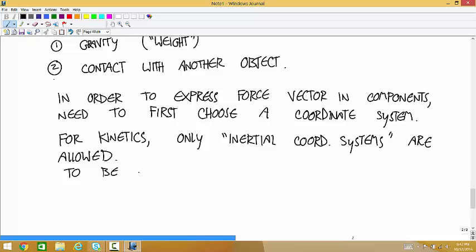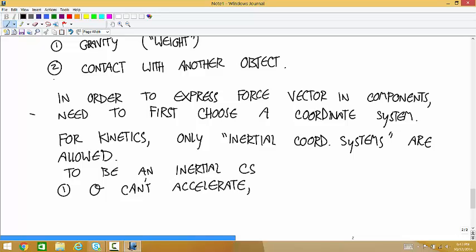To be an inertial coordinate system, there are two requirements. First, the origin can't be accelerating. And second, the axes of the coordinate system can't be rotating.